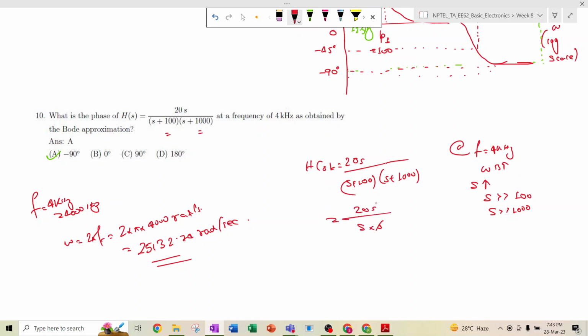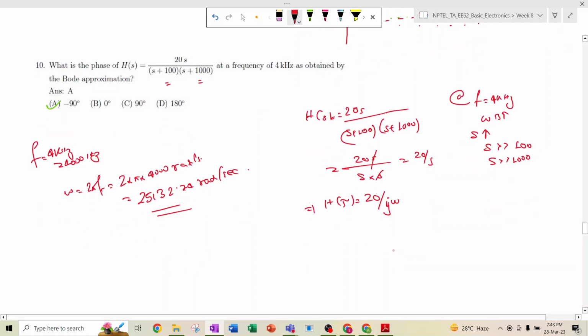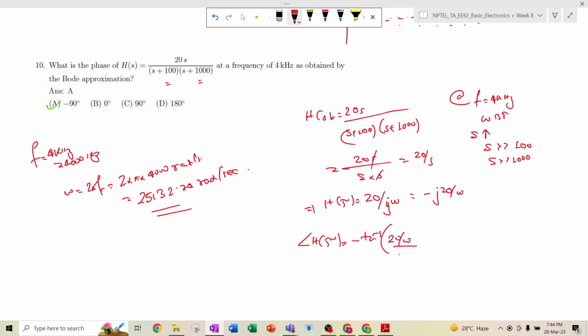So s into s cancels out, so it will be 20 divided by s, or H(j omega) is nothing but 20 divided by j omega. That means it will be minus j 20 by omega. So angle of H(j omega) will be minus tan inverse of 20 by omega divided by 0. That means minus tan inverse infinity, that is minus 90 degree. So the correct option will be option A, that is minus 90 degree.